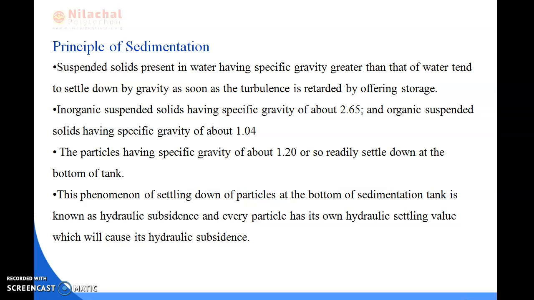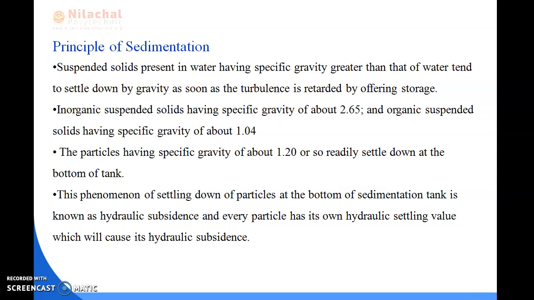So inorganic suspended solids have a specific gravity of 2.65, organic suspended solids 1.04, and particles with a specific gravity of 1.20 settle down at the bottom of the tank.